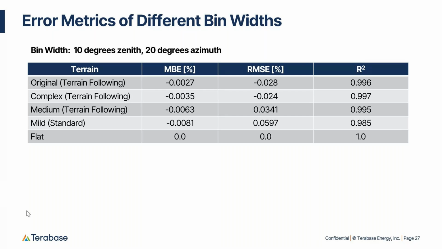But you do get some degradation in the time step by time step and root mean square error fields. I think for most scenarios, the 10 degree, 20 degree zenith is a totally acceptable level of interpolation. Next step.